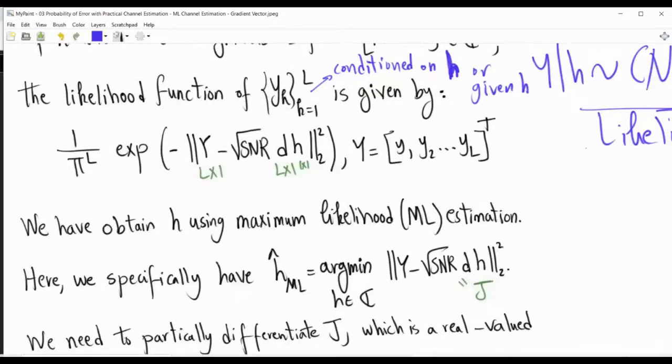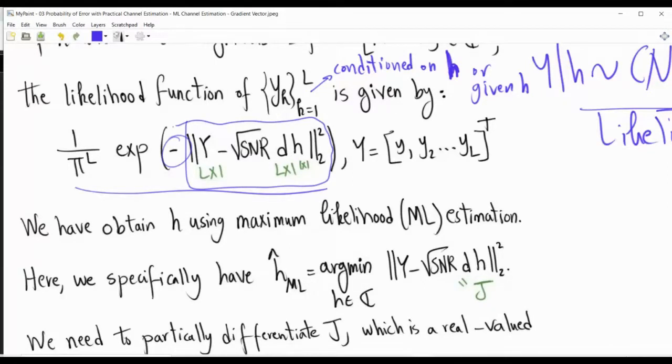Well, you have so many estimation techniques. In the lecture, I will do maximum likelihood estimation, and in homework 3, you will obtain the LMMSE estimator for H. So here I will do ML. ML is basically that you find H that maximizes the likelihood function, or you can just go for the log likelihood function, and because of the negative sign here, we can find H that minimizes this L2 norm squared.